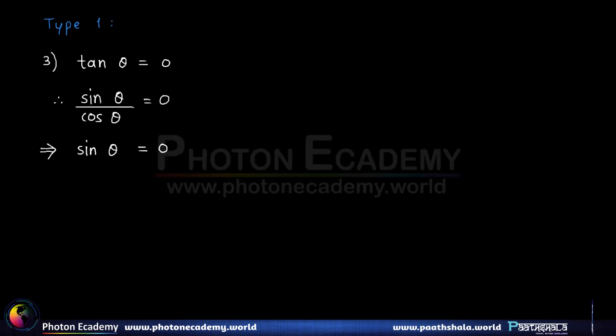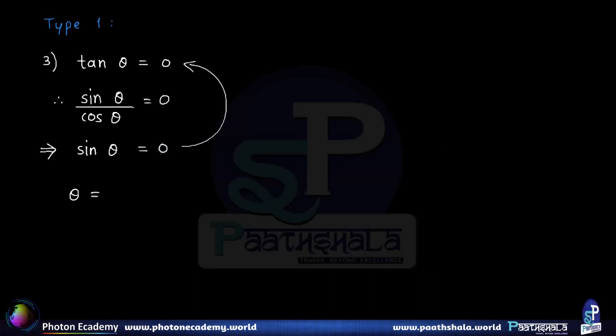So sin theta equal to 0 is nothing but the first equation that we just studied. Whatever was the general solution of that equation, the same general solution will apply for tan theta equal to 0 also. Therefore theta is equal to n pi, where n is an integer, is the general solution of tan theta equal to 0.